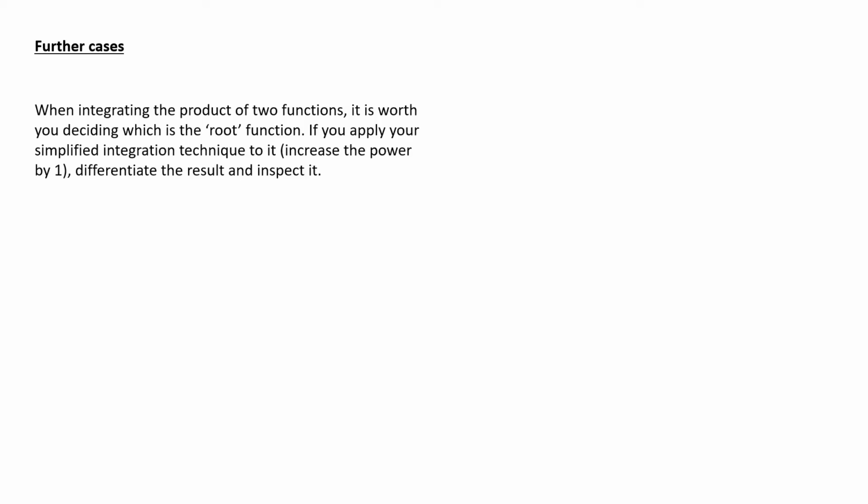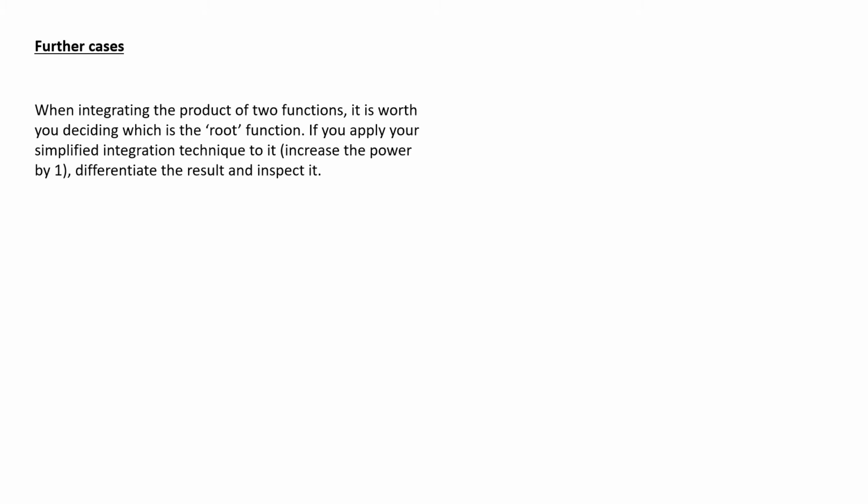Now, some further cases. These are ones where you'd have to jiggle around a little bit. So, as I've said already in words, it's worth deciding which is the root function, which is the bit that you're going to differentiate to arrive at the thing that you've got. And this takes practice, frequently called integration by recognition.